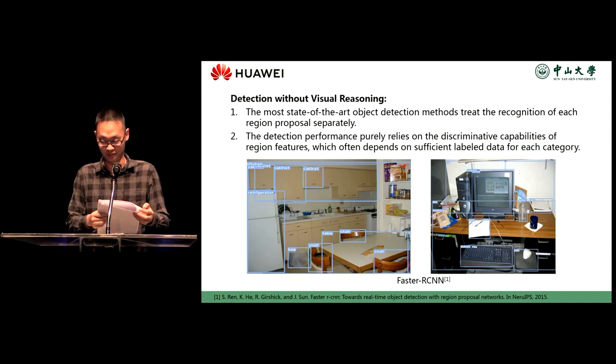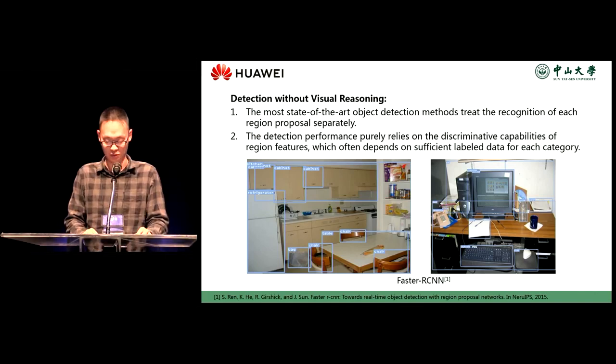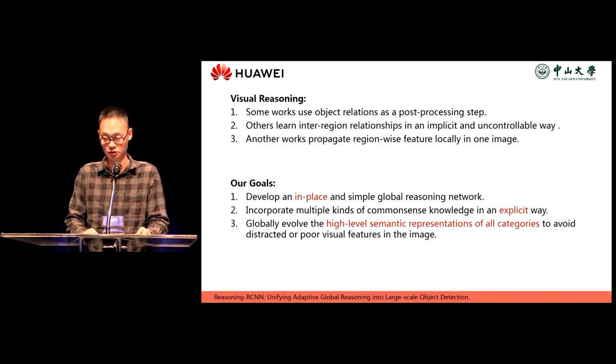Recently, how to install visual reasoning into networks has drawn people's attention. The earliest work focused on post-processing to align semantic correlation between objects, not in an end-to-end style. Some work tries to model spatial relationships in an implicit and uncontrollable way.